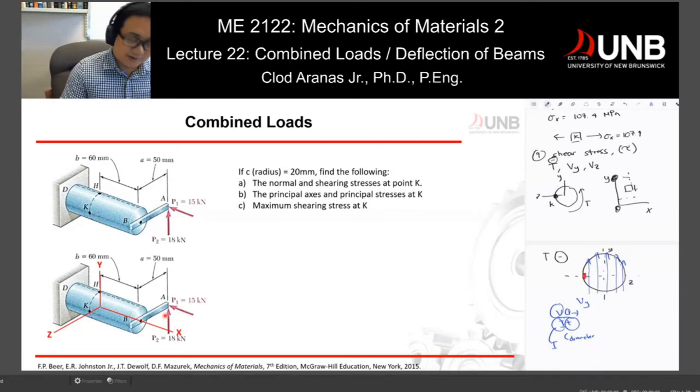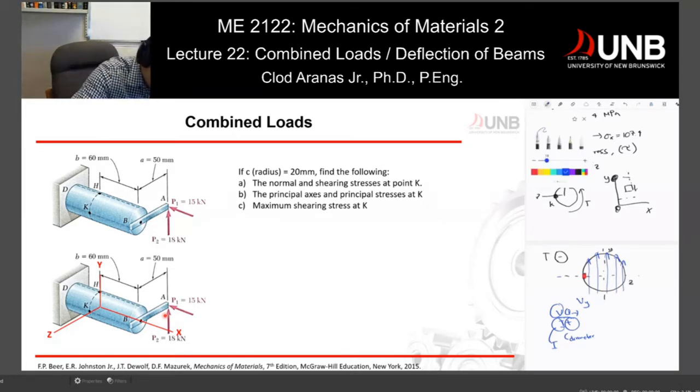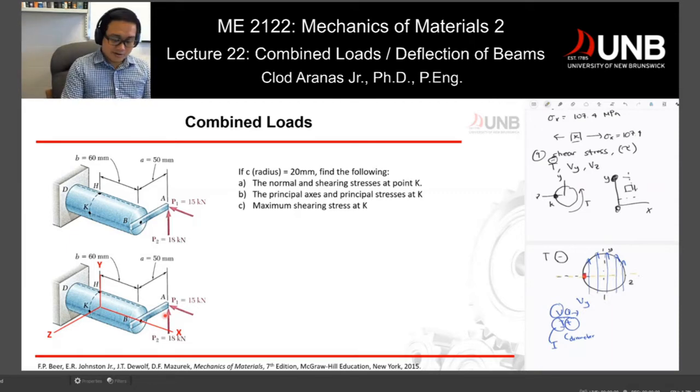Our Q, as we defined, is, if we're going to take this point right here, area above that point, which means we are talking about perpendicular to our shear force, and then this would be the upper area that we are talking about, which is just half of our circle.